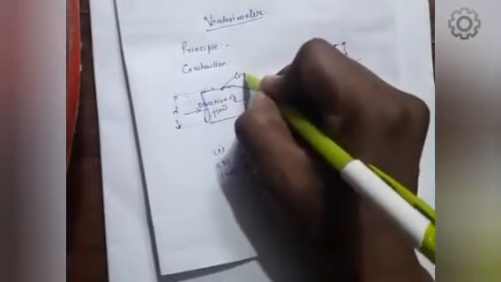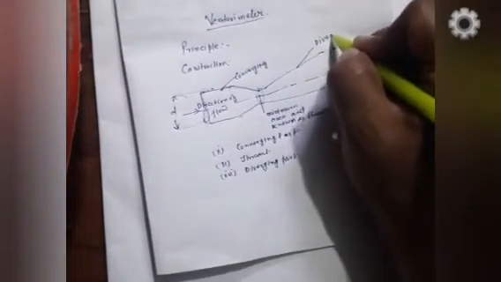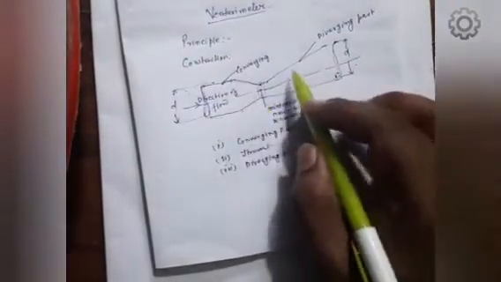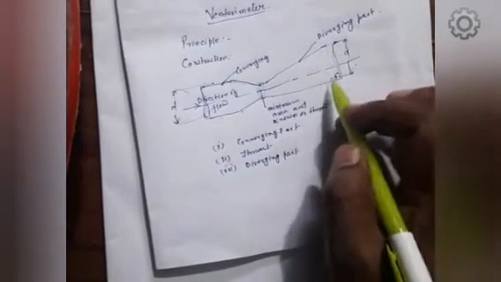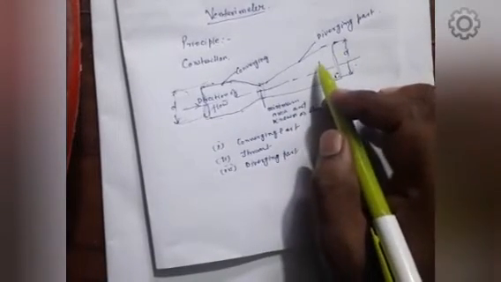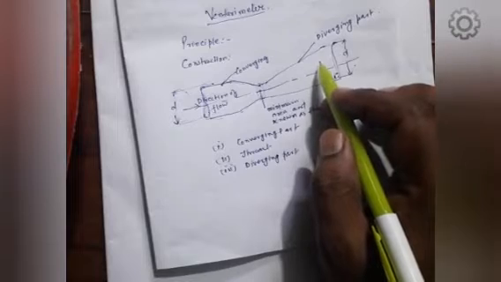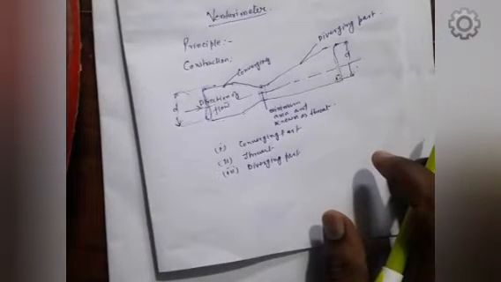The converging part has shorter length but larger cone angle, and the diverging part has larger length but smaller cone angle.